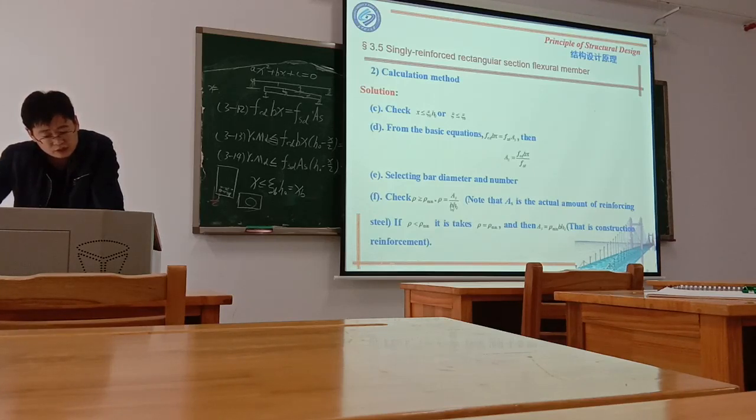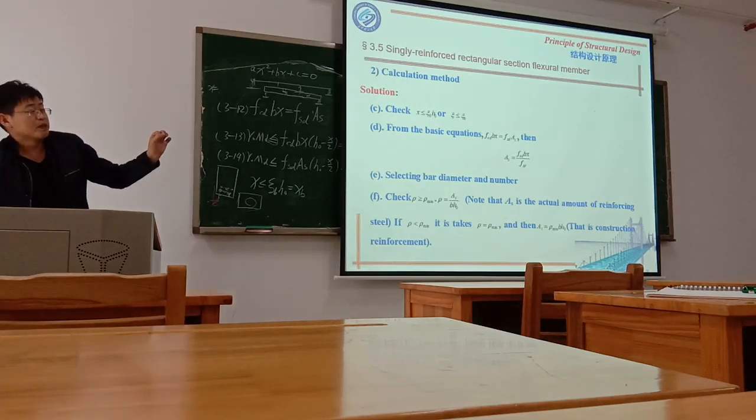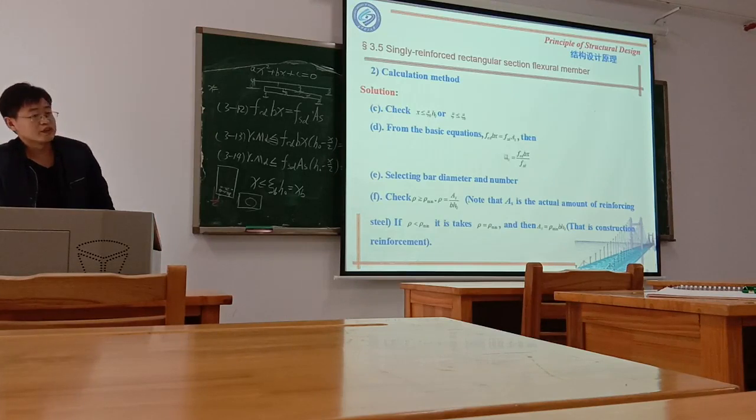But here you should see AS is the real amount of the reinforcement, because the first AS is the result of your calculation. But when you determine the number and the diameter of the steel bar, this real AS may have a little bit of difference from the result that you calculated.